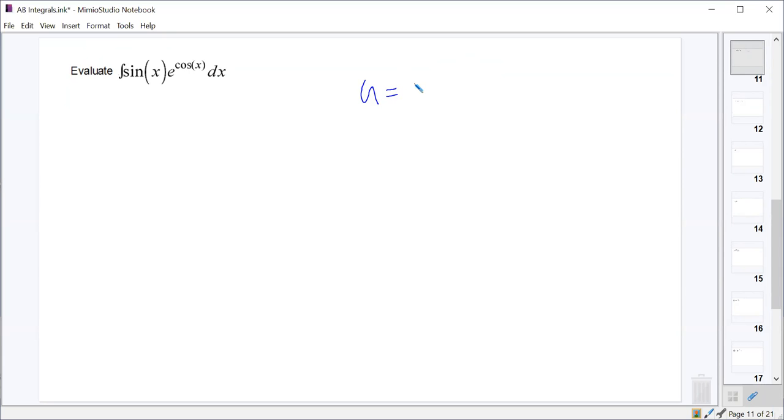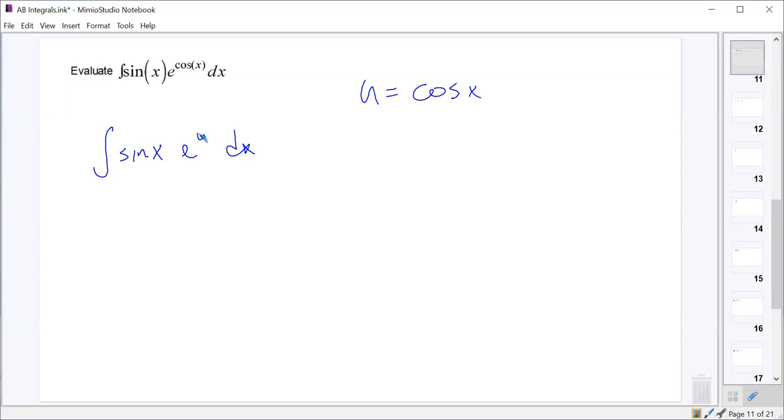If I were to substitute out the cosine x, I would just have an integral of sine x e to the u dx. And e to the u is a lot simpler than e to the cosine x. Now we begin to have an issue, similar to what we were looking at in the last slide. We have x's and u's, but we have a dx.